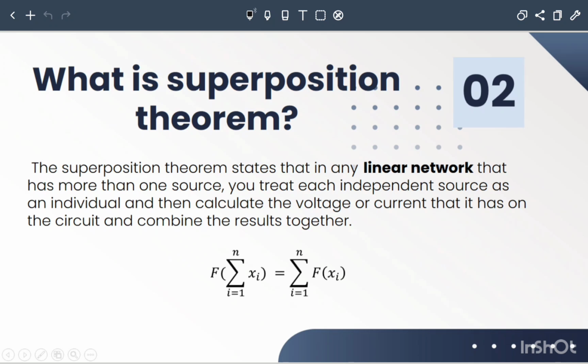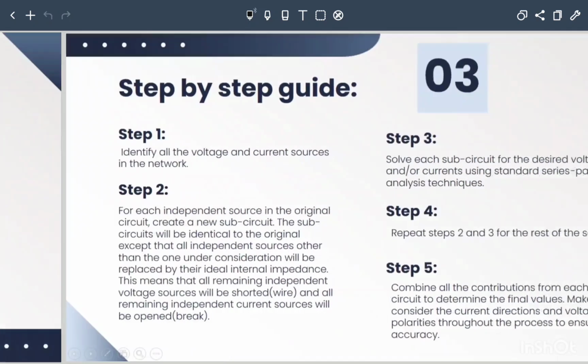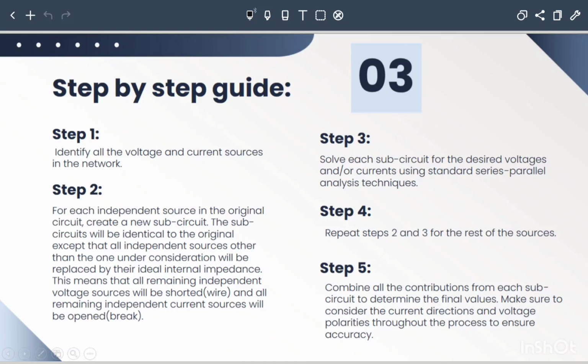Instead of solving the entire puzzle all at once, we'll look at each source separately, figure out its contribution, and then combine them together to see the full picture. Let's take a look at this equation here. This represents the total current or voltage in the circuit, and this one represents the sum of the individual contributions from each independent source. Let's see a step-by-step guide to help us go through questions more easily.